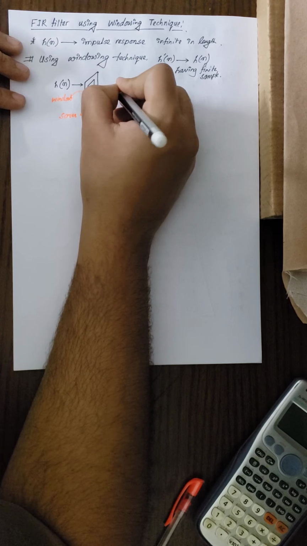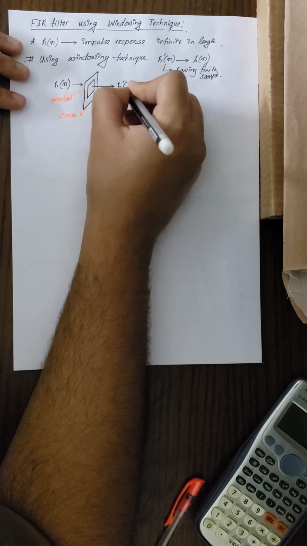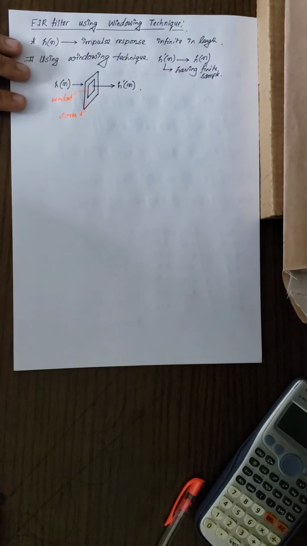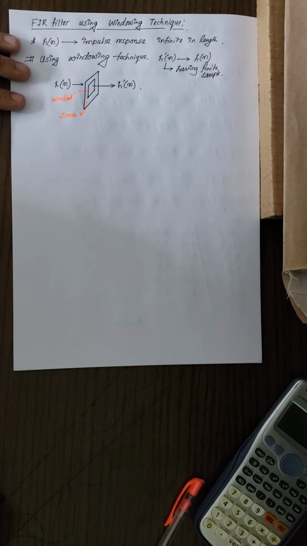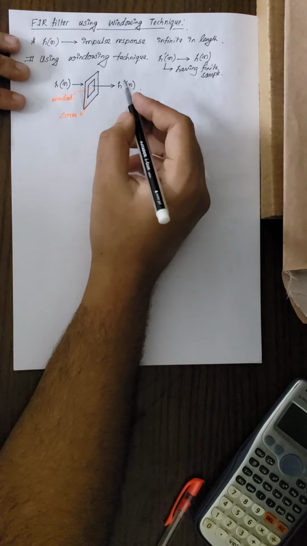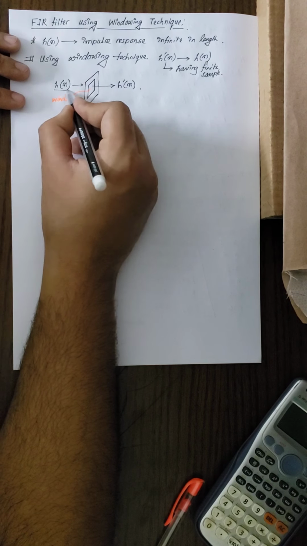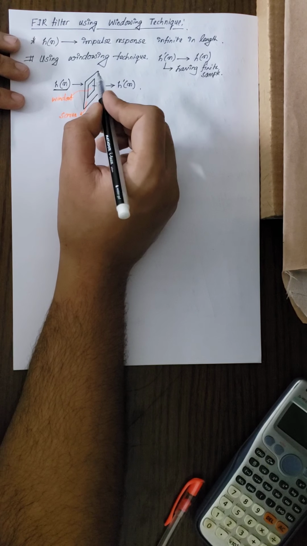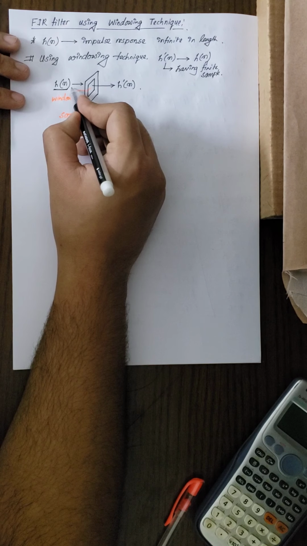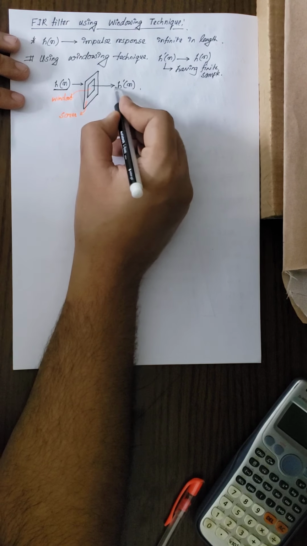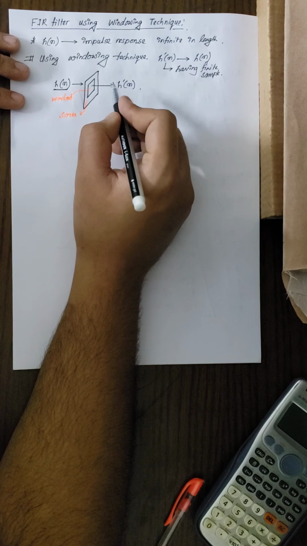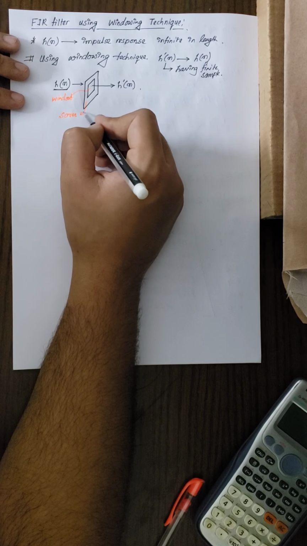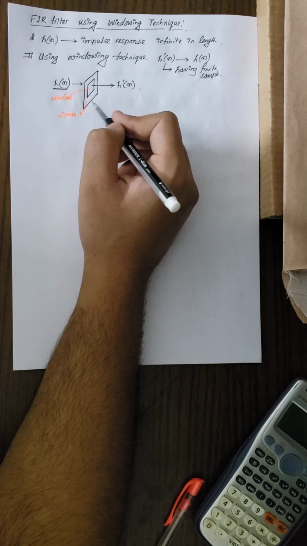And the output we will get is h prime of n. So what the windowing method essentially does is that it takes infinite number of samples from h of n and passes it through the window, where some of the samples get caught in the screen and is left back.